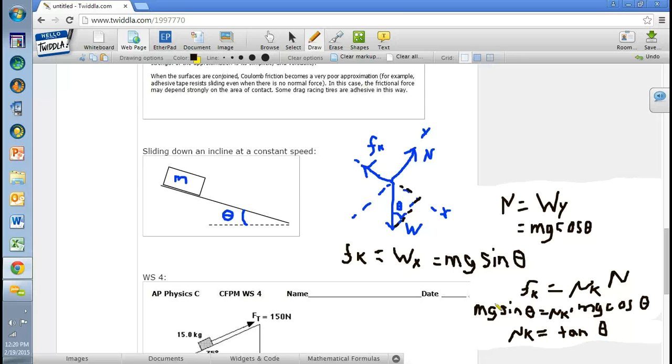And so what I want you to do right now is, remember how in the lab you measured what your angle was, whether it was 10 degrees, 12 degrees, whatever? Get out your calculator, make sure it's in degree mode, and take the tangent of that angle.